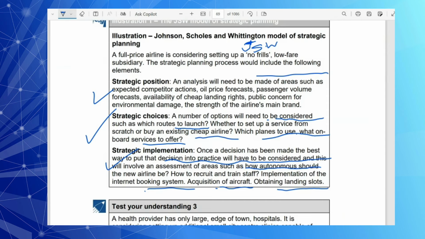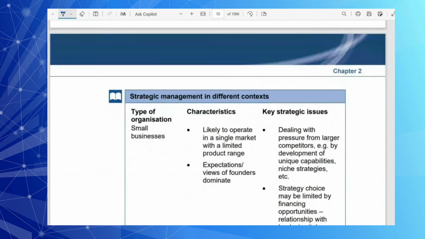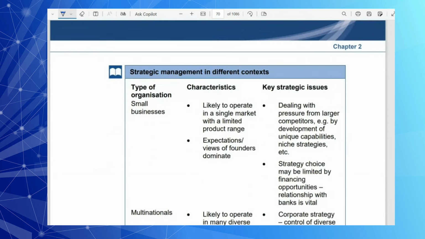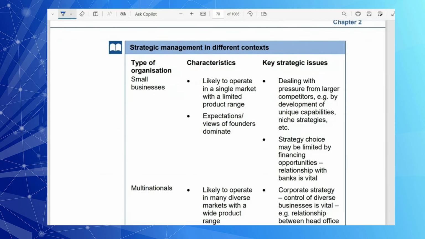Of course, from the multinational point of view, it is likely to operate in many diverse markets with a wider product range. For corporate strategy, control of diverse businesses is vital. For business unit strategy, resource allocation will be no problem for a multinational company.